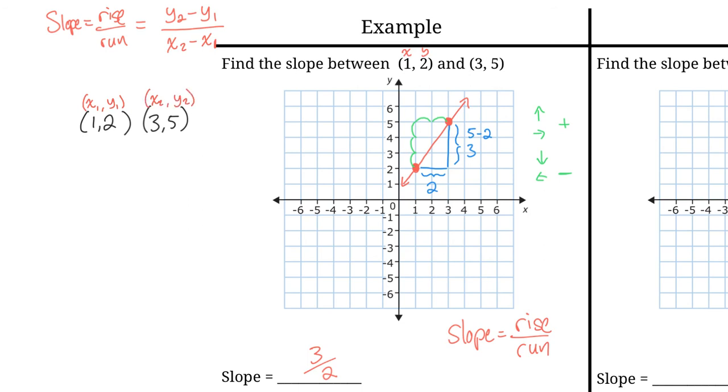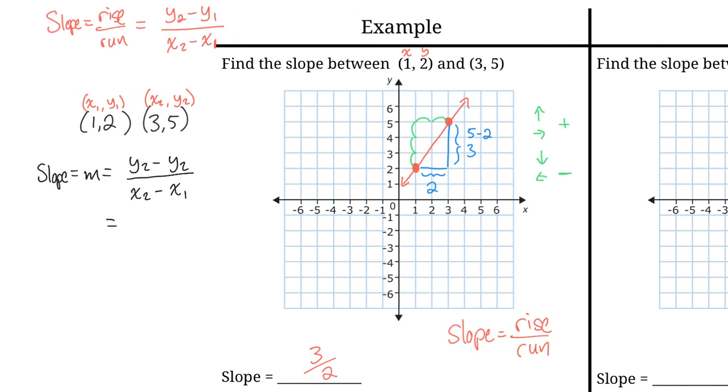So this is what you're going to put into that formula. Our formula for slope, and we usually use m to represent slope, is y2 minus y1, that's the change in the y values, over x2 minus x1, our change in our x values.